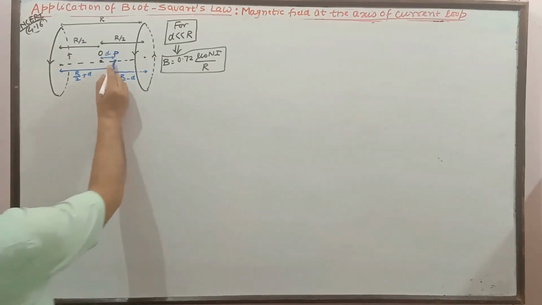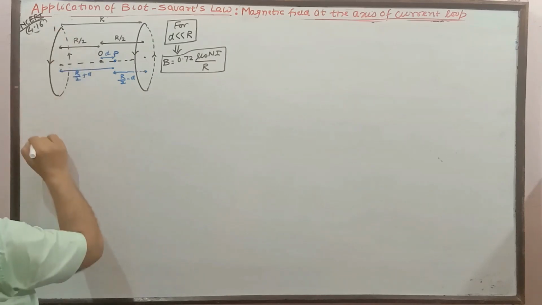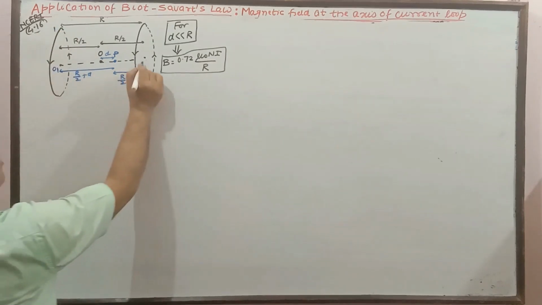So finally, observation point, say this is coil 1. This one is O1, this one is O2.